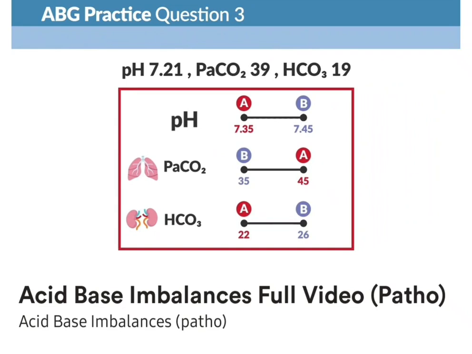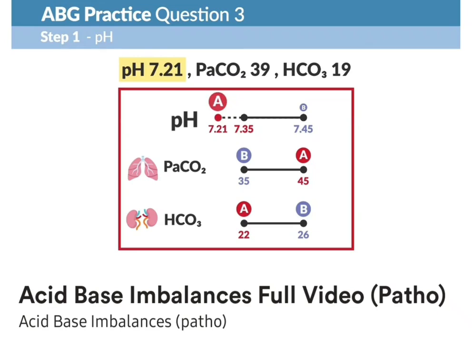Okay, the next question, ABG practice question number 3. The pH is 7.21, PaCO2 is 39, and HCO3 is 19. So we fill out our marching band suit. And step 1, looking at the pH because it's primary. 7.21 is way below 7.35.